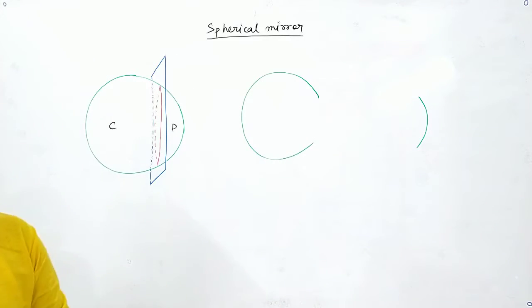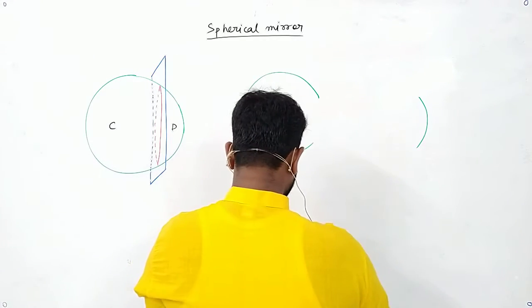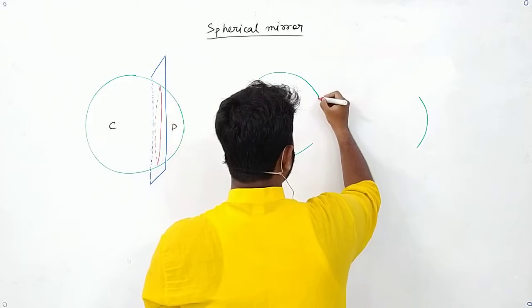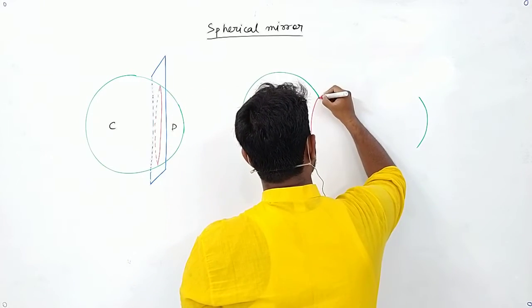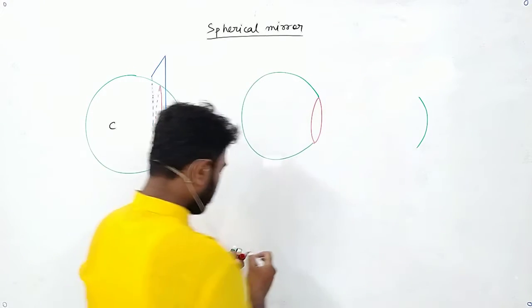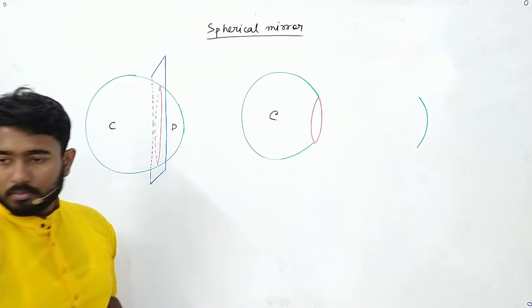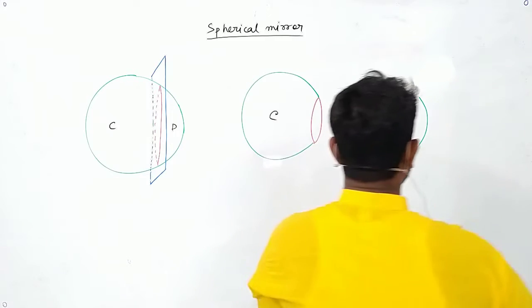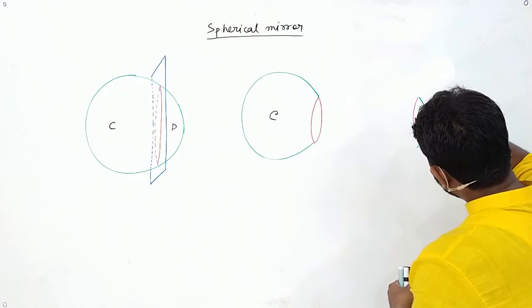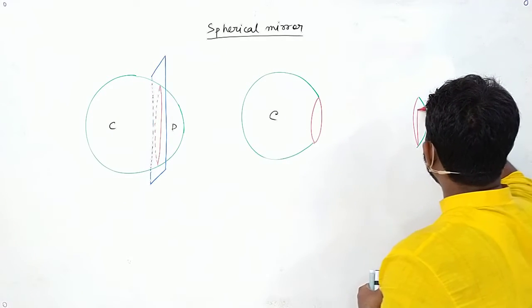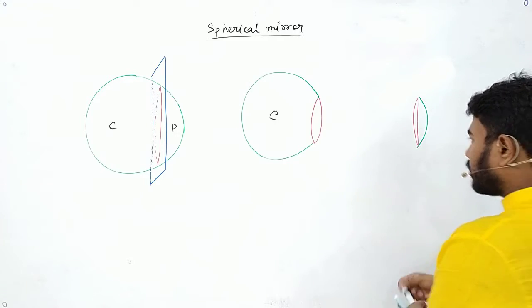Shall I get two portions? Okay, in this portion, shall this portion be C? Okay, and shall this portion be D?